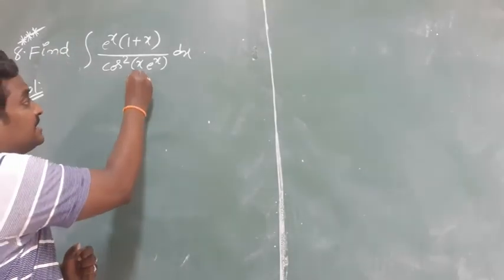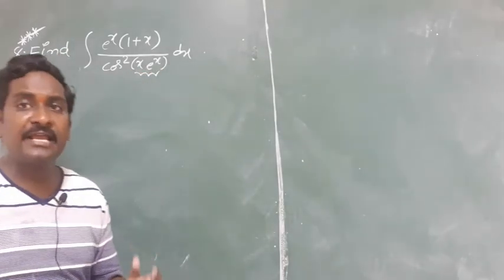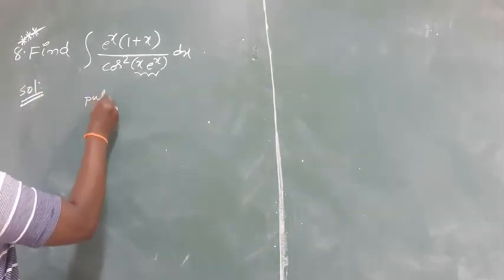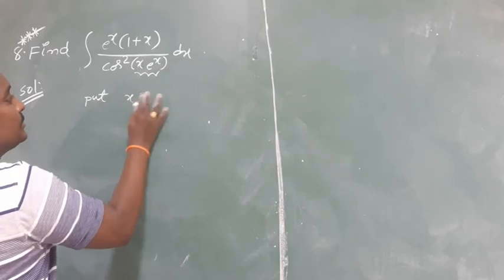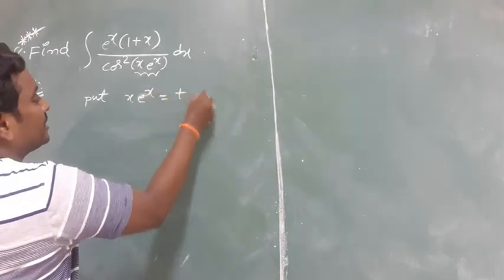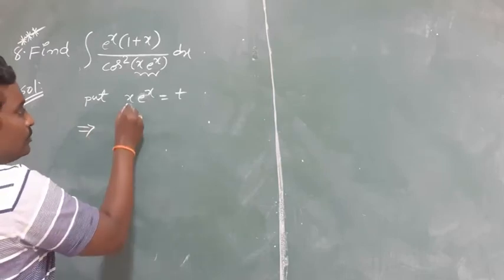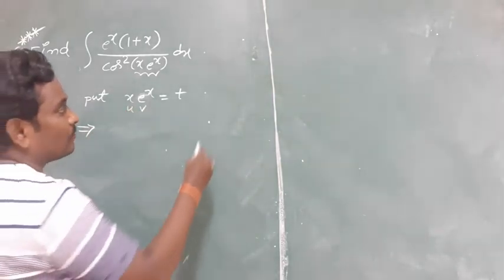What is it? X into e power x. You should take x into e power x as t. Put x into e power x is equal to t. Take the derivative with respect to x on both sides. We should apply the product rule in the differentiation. What is the product rule?